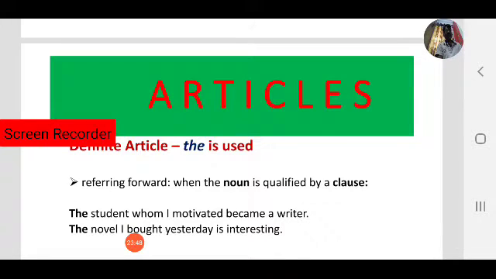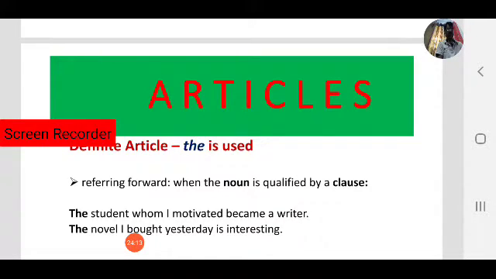I bought a novel yesterday. The novel was interesting. Two sentences. Here we are referring forward. The novel I bought yesterday is interesting. Here, referring forward, I am talking about the novel which I bought yesterday.